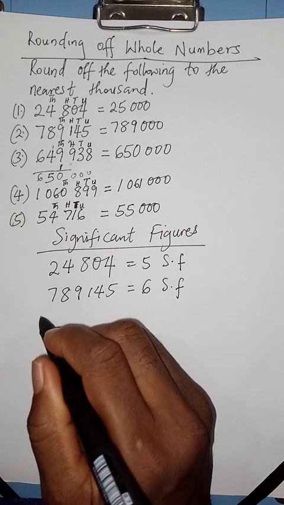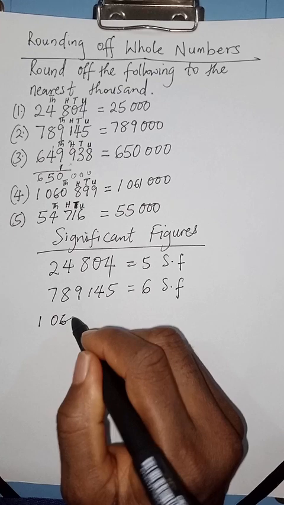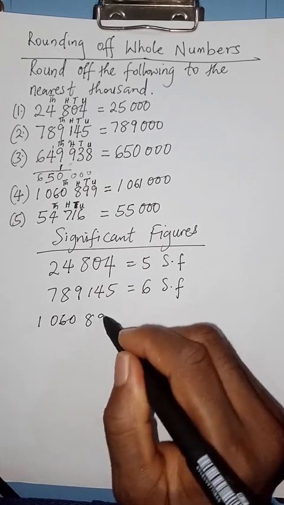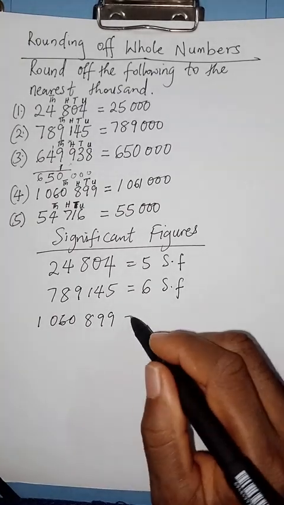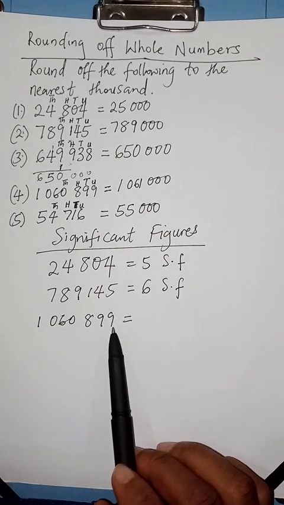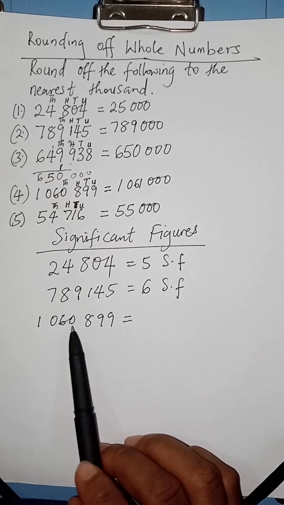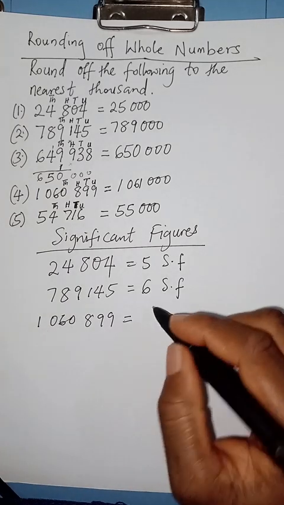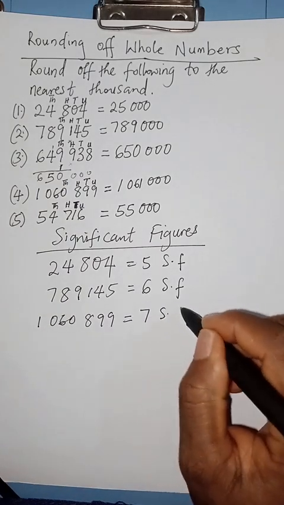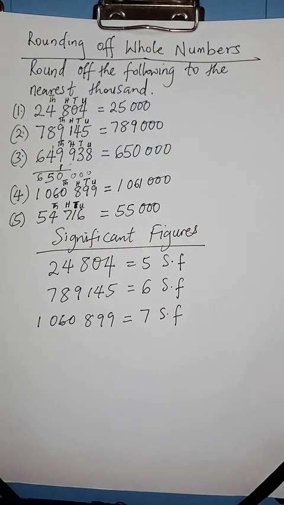What about if I have 1,060,899? How many significant figures do I have here? I count 1, 2, 3, 4, 5, 6, 7. 7 significant figures. But let's pause for a moment.